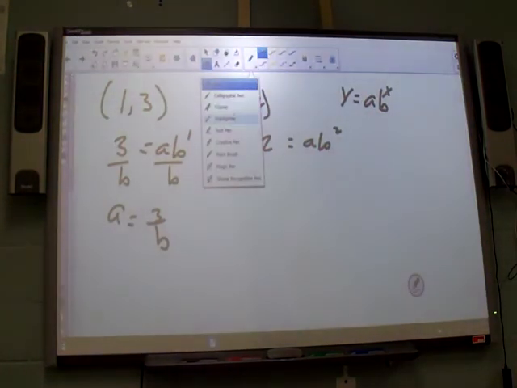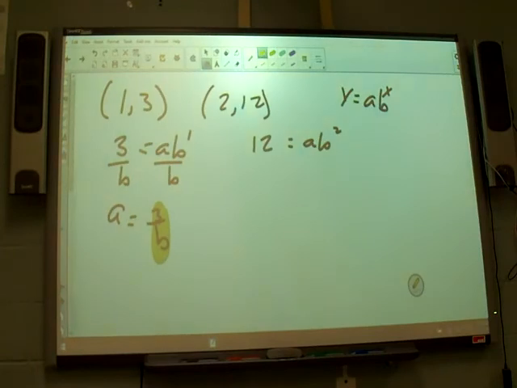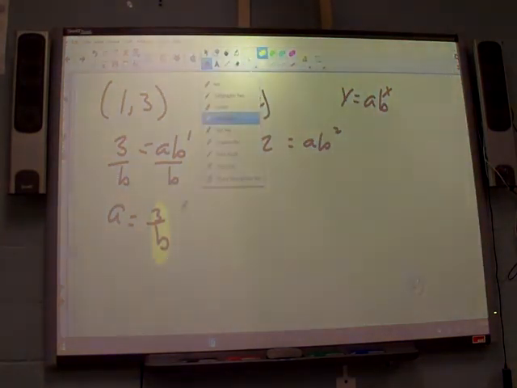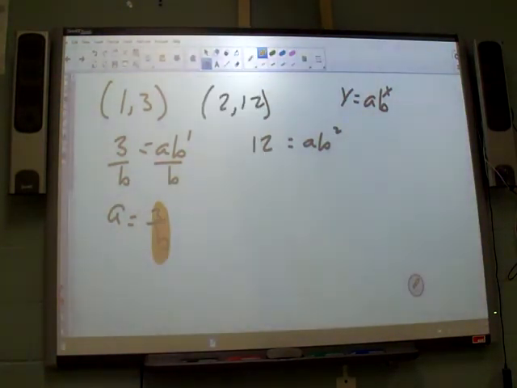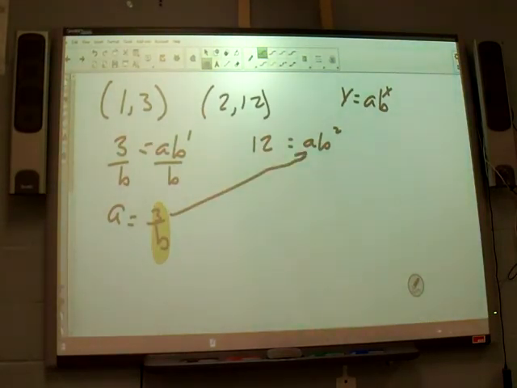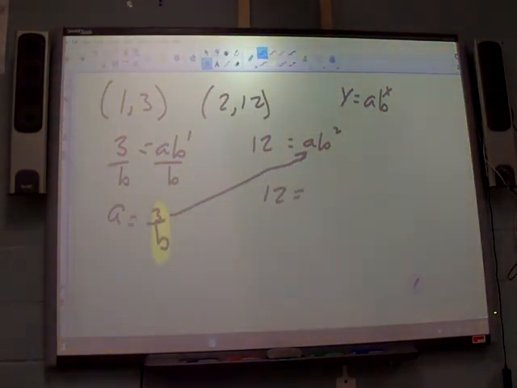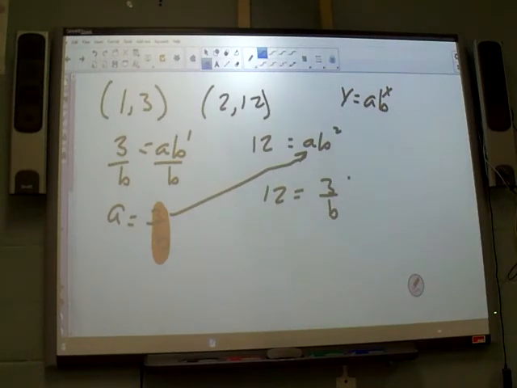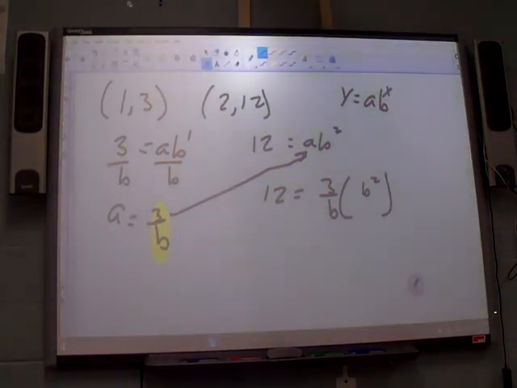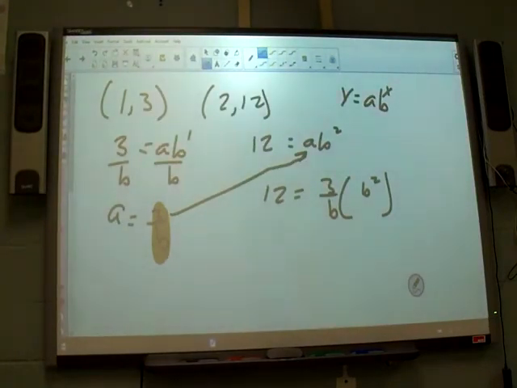Okay, that's most of the battle there. If you get that right, it's not too difficult to plug that into the other equation. 12 equals 3 over B times B squared. Every question that somebody asked while they were working on their own was about this place.